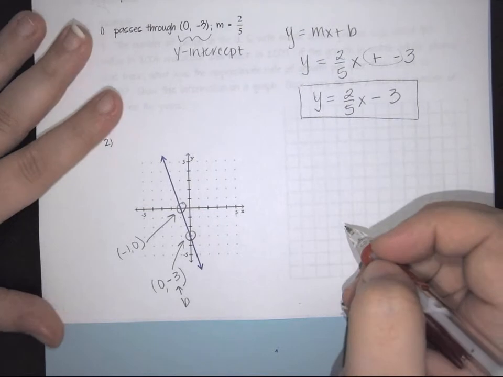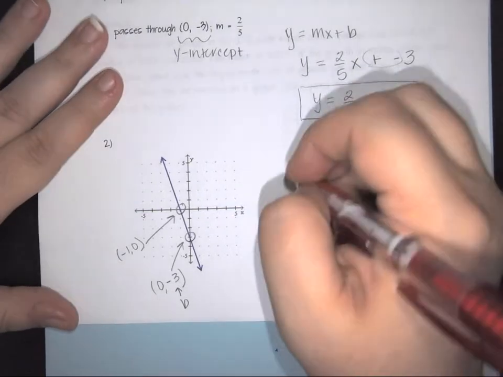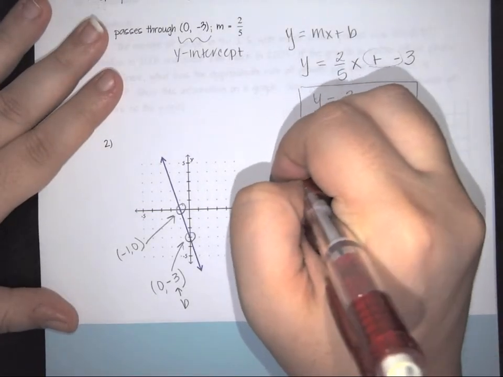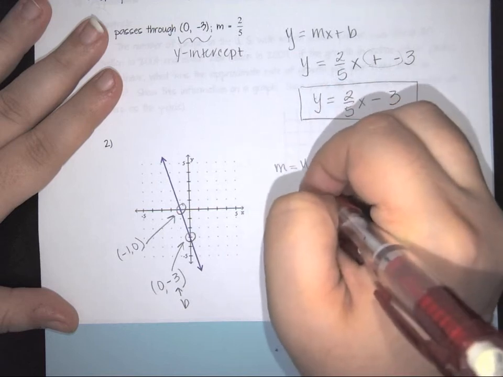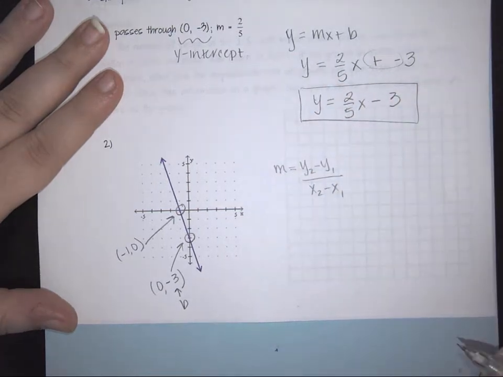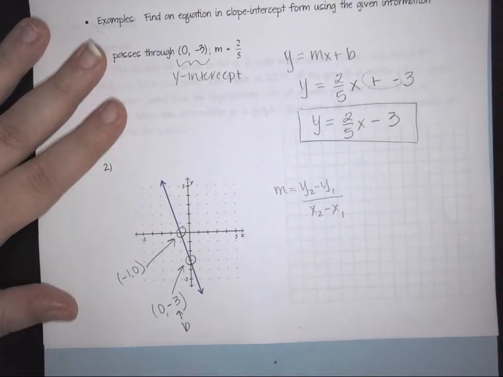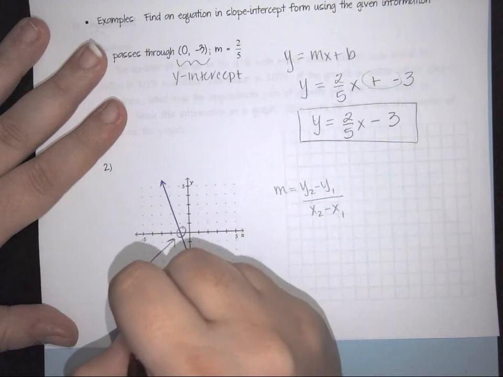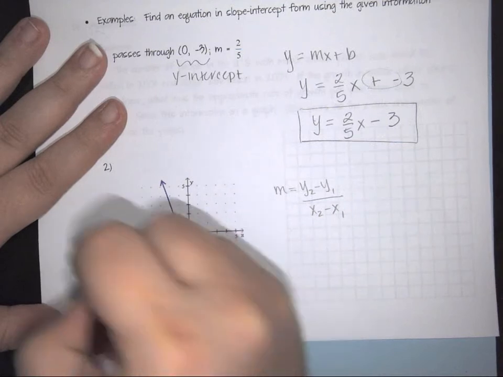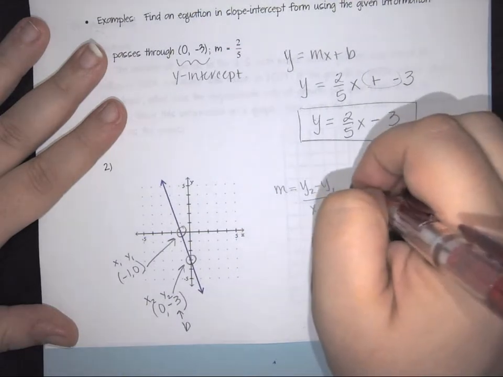So the first thing that we have to do is calculate your slope. So we have that m is y2 minus y1 over x2 minus x1. So we have to decide which is which. It really doesn't matter. So we can say x2, y2, x1, y1. So we need to plug our values in.